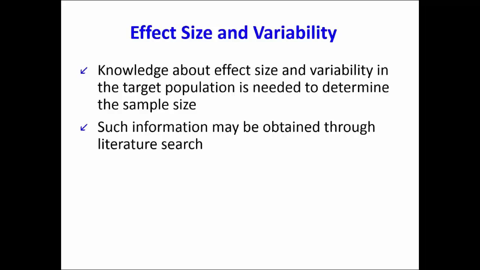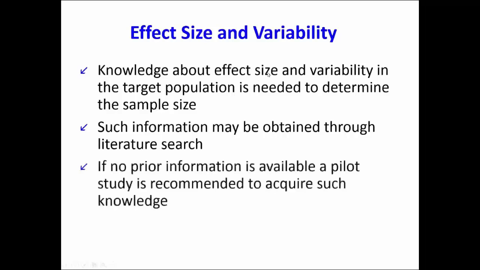It doesn't need to be exactly the same, say same drug, same disease, same conditions. Imagine if you already knew what the effect size is, then you wouldn't need to do the research, right? So we just need to get a sense of what kind of effect we are expecting.